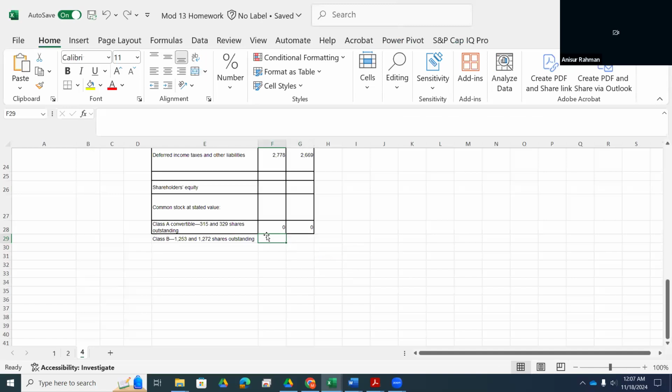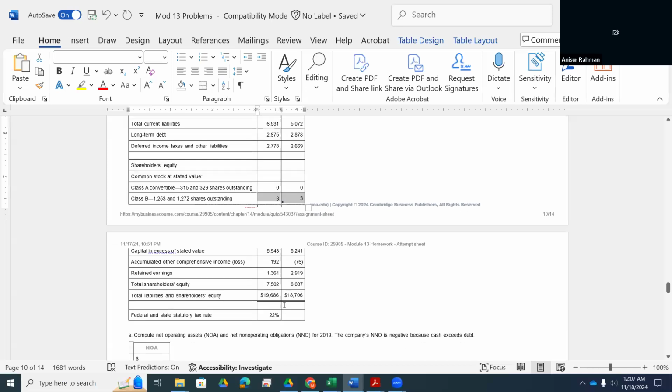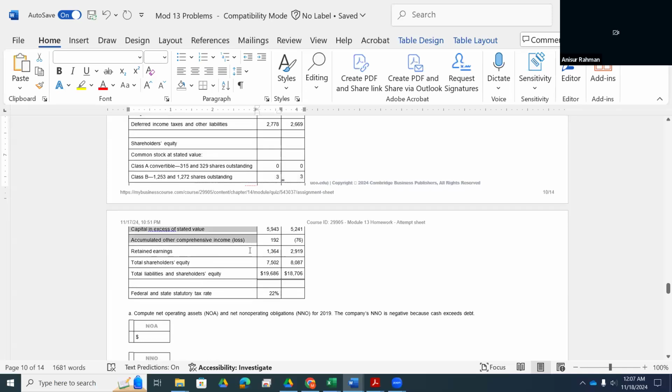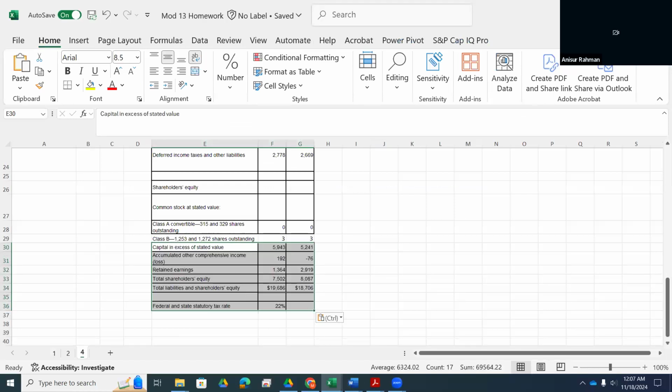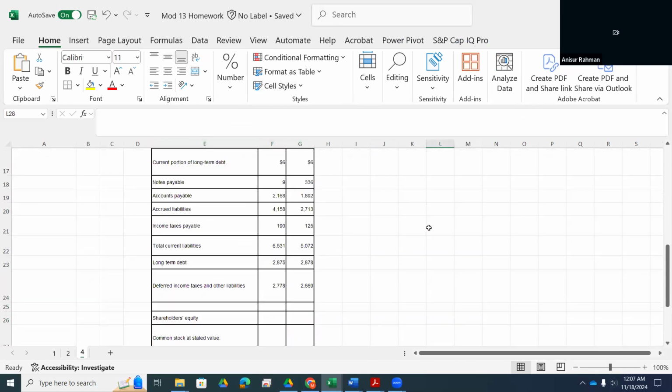Okay, I'll undo this. I'll just write down three manually. And then I have all this.